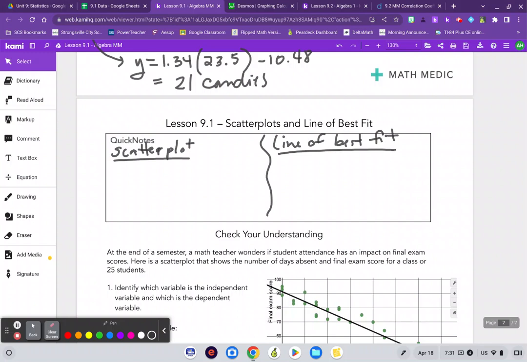Okay. So a scatter plot is a graph that is created using data. The x-axis is the independent variable. This is something that I know you guys have talked about in science class.